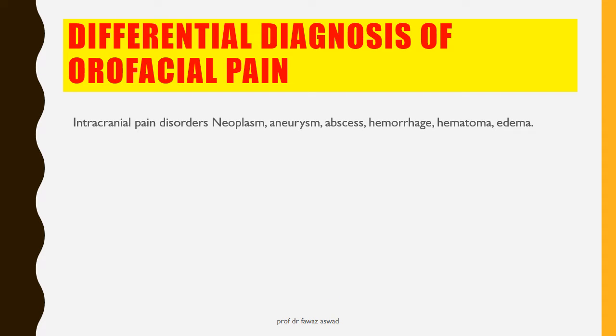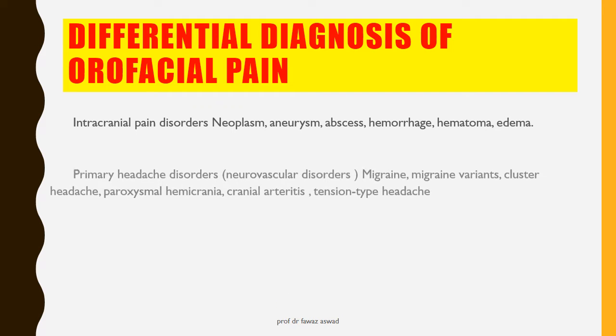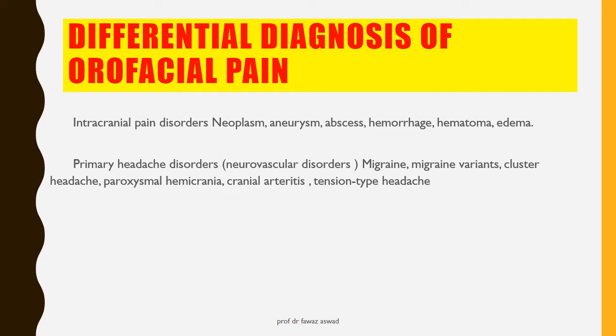So how could we make a differential diagnosis of orofacial pain? The most important thing is to know whether the pain may be associated with an intracranial disorder, for example neoplasm, aneurysm, abscess, hemorrhage, hematoma, edema, or whether this type of pain is considered a primary headache disorder.